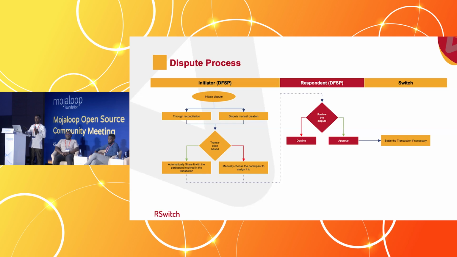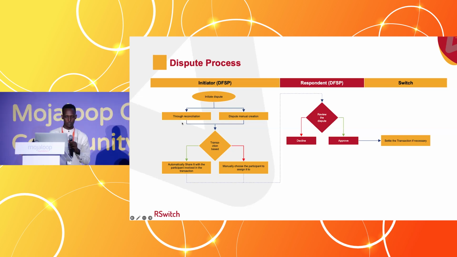One DFSP will initiate the dispute, and when the DFSP initiates the dispute, it can be through the reconciliation or the dispute manual creation. And if the dispute is transactional based, the system will automatically assign the dispute to the other involved DFSP on that particular transaction.